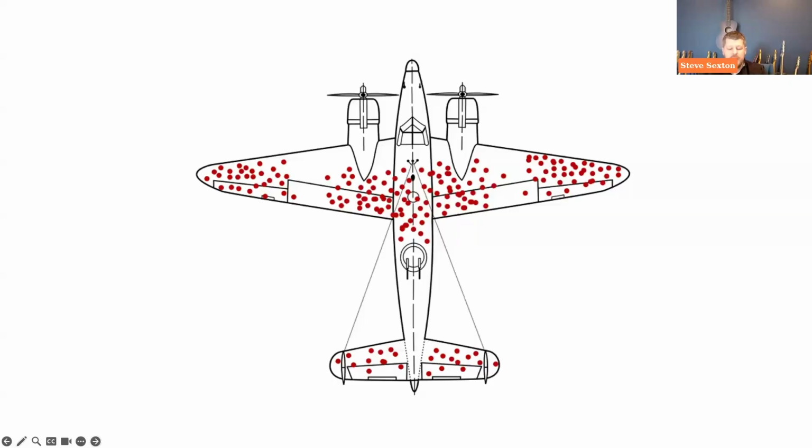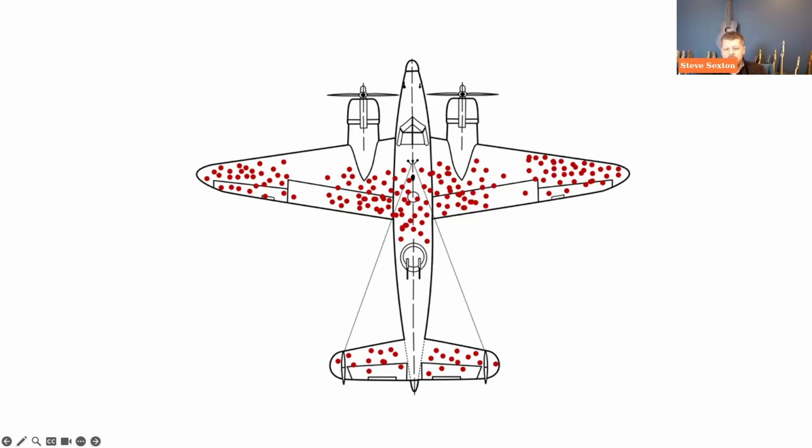Sitting there with the aviation engineers, walking through all of the data at their disposal, they said, here are all the planes that came back to us, here are where the bullet holes were occurring most often. We need to bolster our planes in all of these areas to make them stronger.